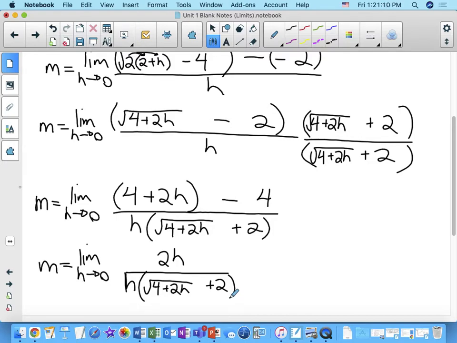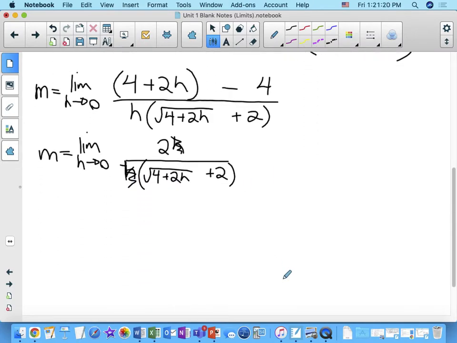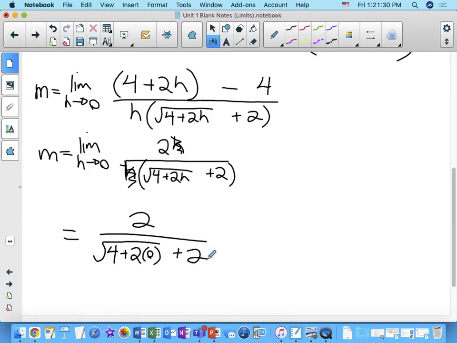Now the h's cancel, yes. So these cancel. And now I can sub in a 0. So this is now 2 over the square root of 4 plus 2 times 0 plus 2.